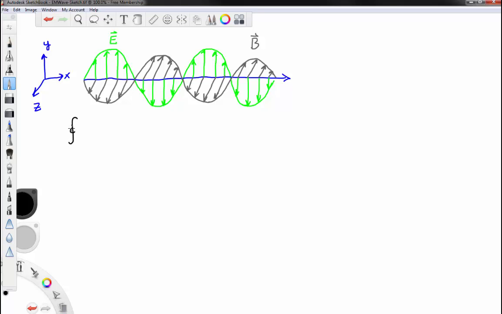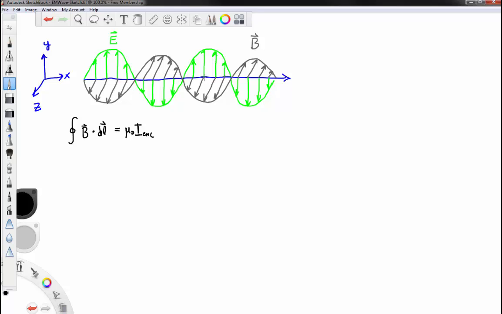Well, Ampere's equation as such says that the integral around a closed loop of B dot dl is equal to mu naught times I enclosed. So around the closed loop here that we have, we need to pick a closed loop that is in the direction of our magnetic field.